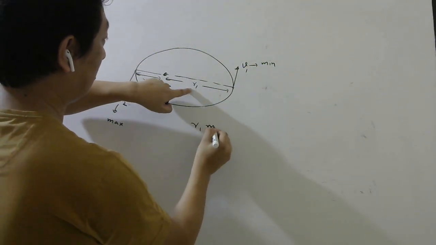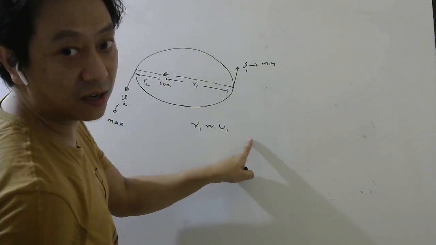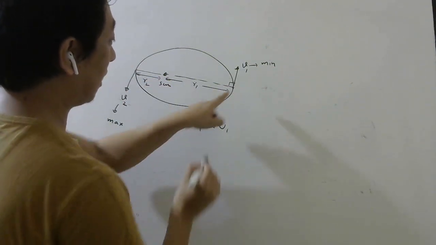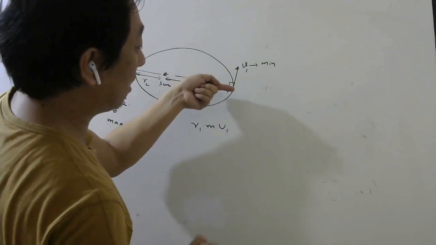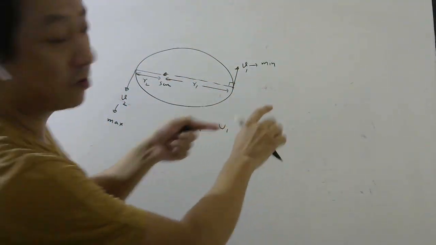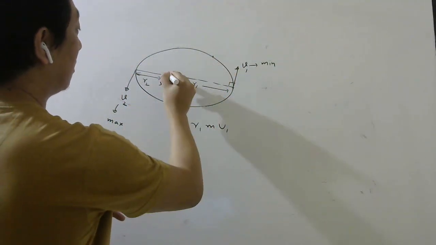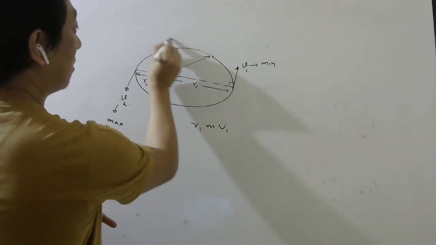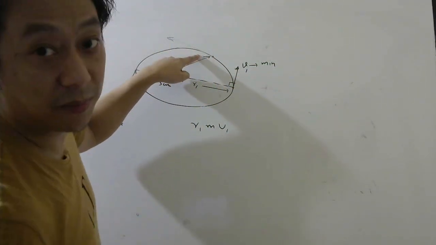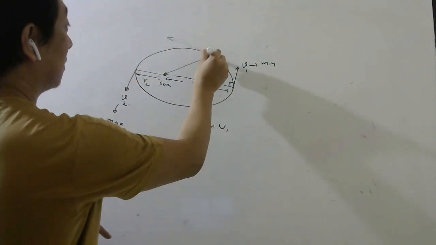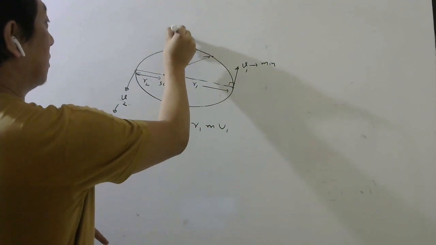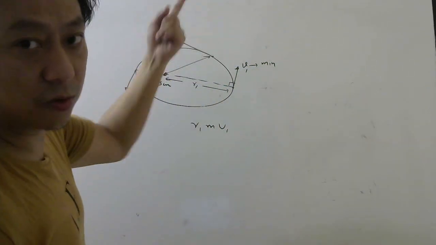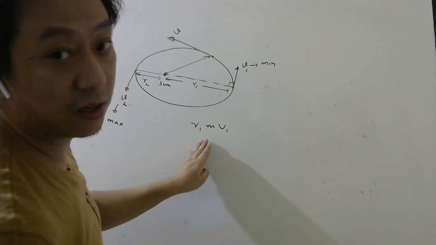Now what is the angular momentum when it is here? R m v1. No need to write sine theta, which is 90 degrees. At this point, your r bar and your v bar will be perpendicular, not at this point. At this point, your r bar will be here, v bar will be here. So that angle may not be 90. But whatever the angle may be, you can use that angle to find the angular momentum.